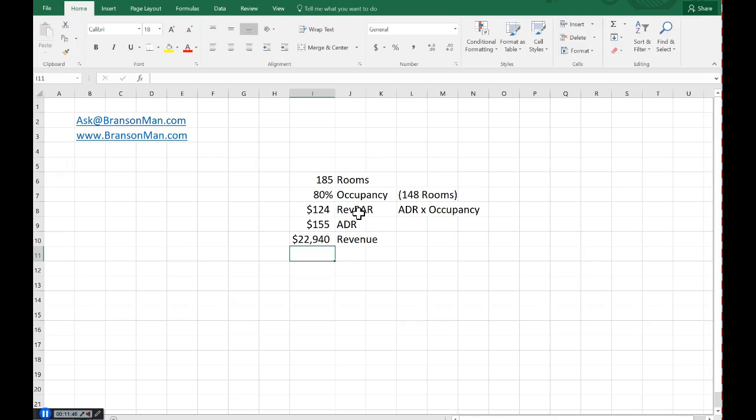That is RevPAR, the most important metric in hotel revenue management. It's the average daily rate times the occupancy. And I personally like it for looking back to see how well I performed rather than looking forward to set rates.